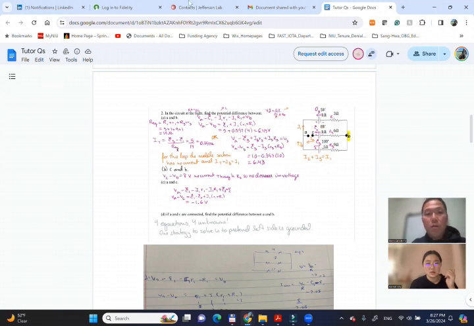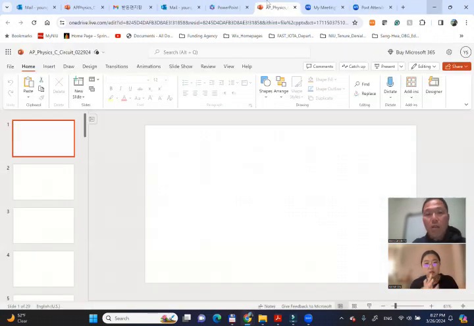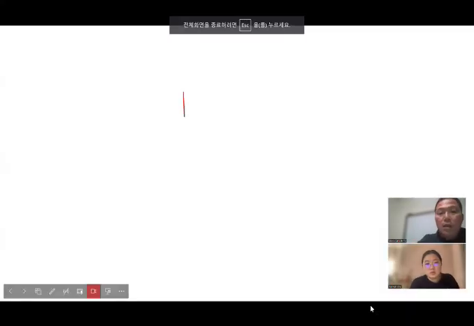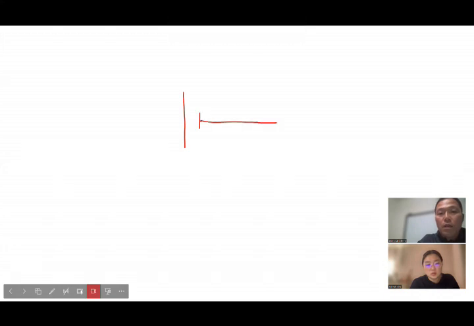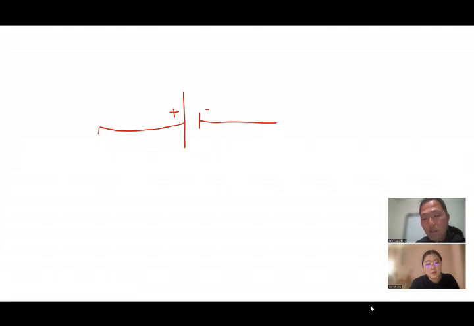So, okay, let me just redraw it and maybe clarify the question. Let me draw the picture. Assuming you have a battery connected to an electric circuit right there, and usually this one is positive, this is negative. And then your question is, I know the current in the battery always goes from the negative to the positive.